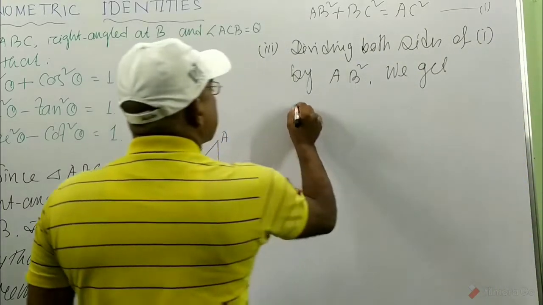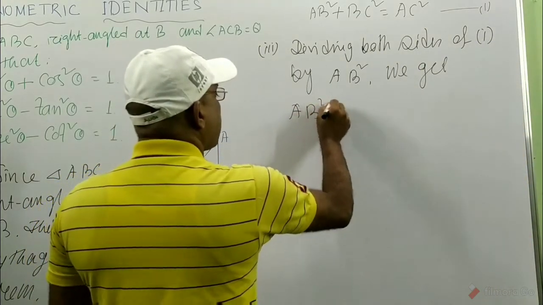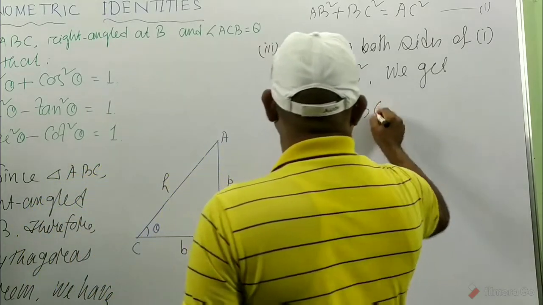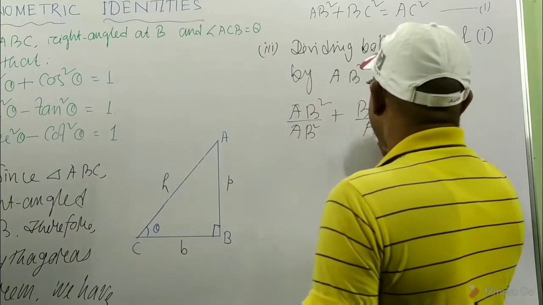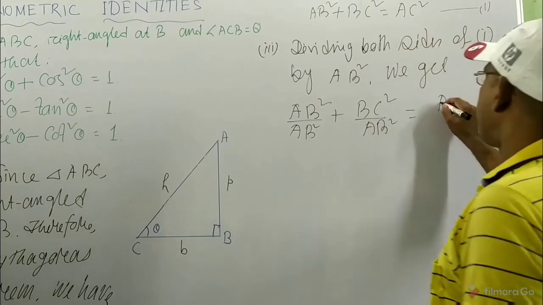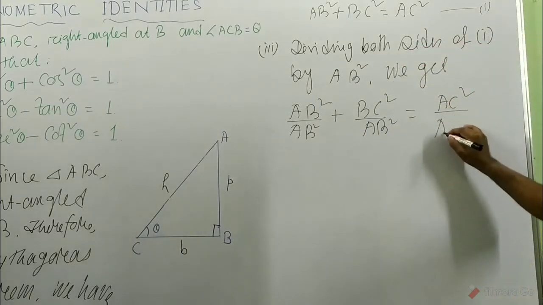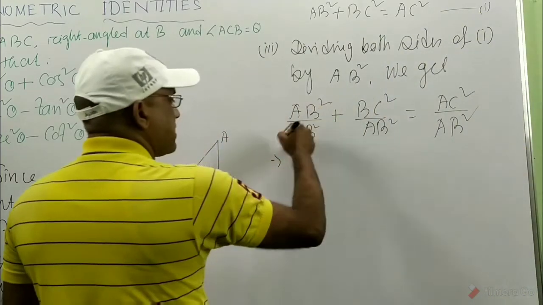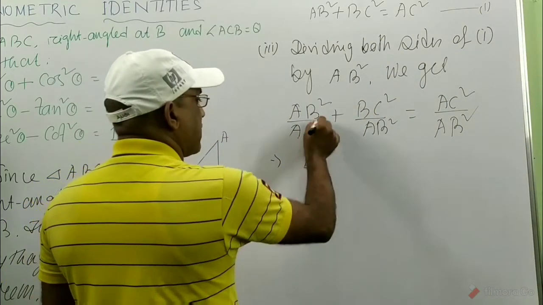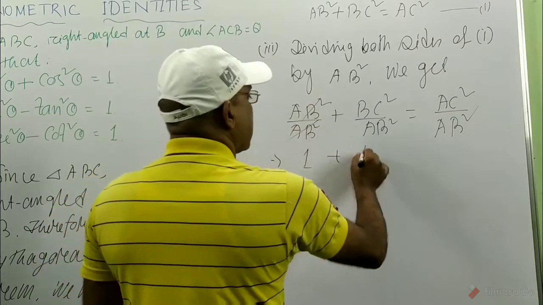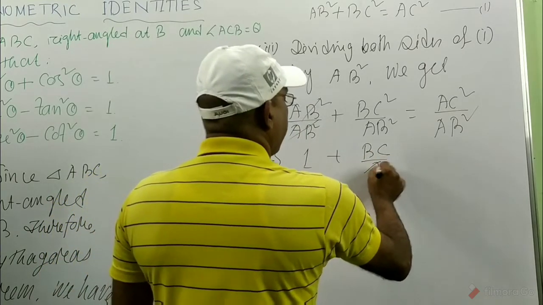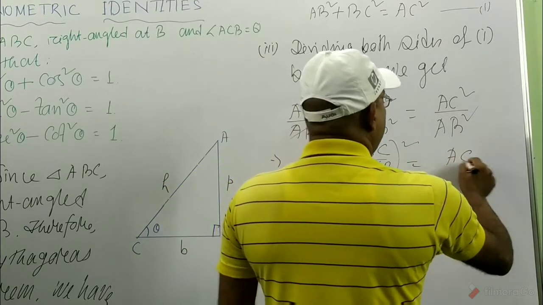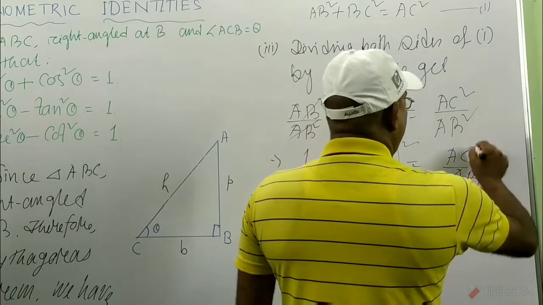We get AB square by AB square plus BC square by AB square equal to AC square by AB square. Now the first term cancels, giving 1, and we have BC by AB whole square and AC by AB whole square.